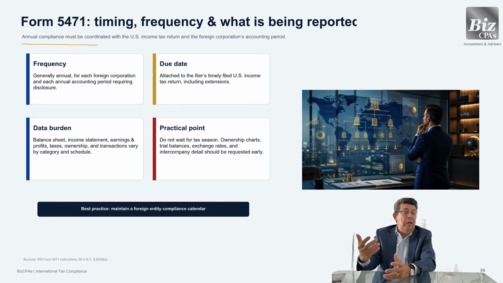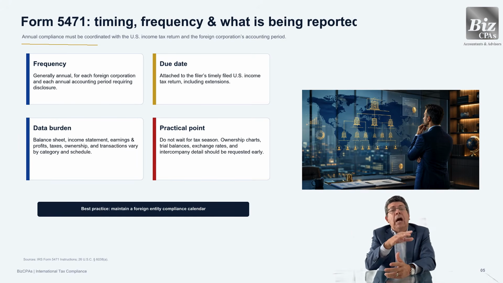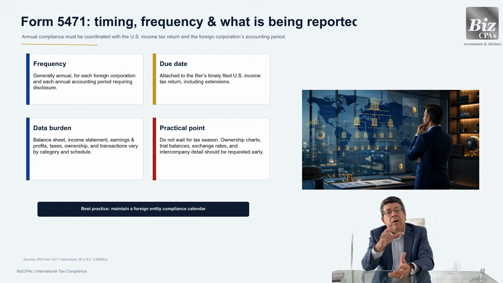If the entity that owns the reported foreign entity is a U.S. corporation, or let's say a U.S. partnership, they file this Form 5471 along with their proper tax form. Let's say a partnership, Form 1065. A U.S. corporation files it along with their Form 1120. If it's an S corp that owns a foreign entity 10% or more, they file it along with their Form 1120S, S corporation tax reporting.